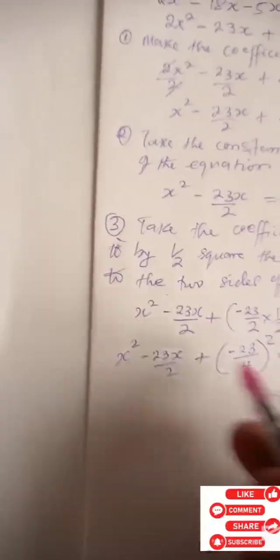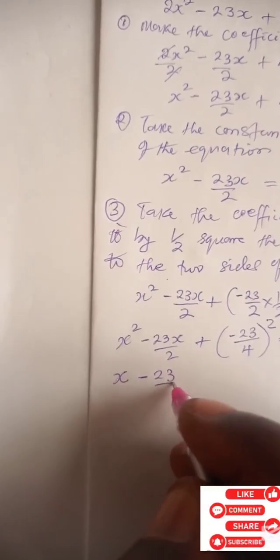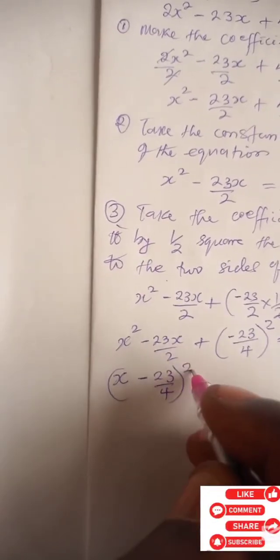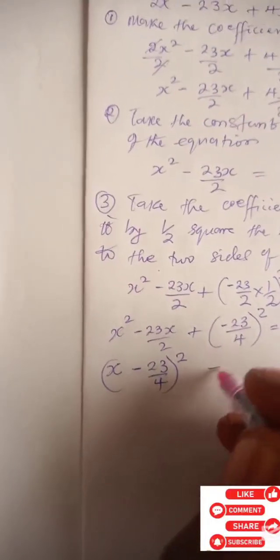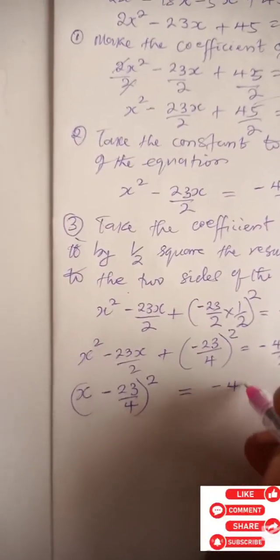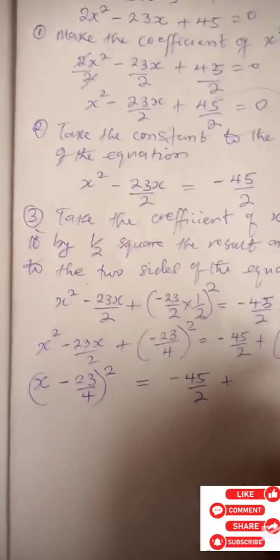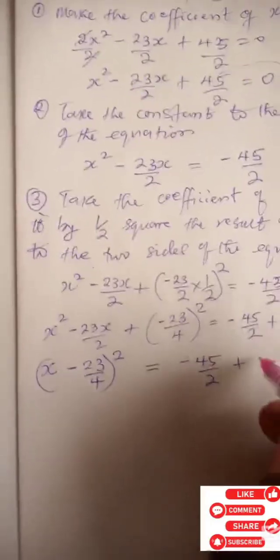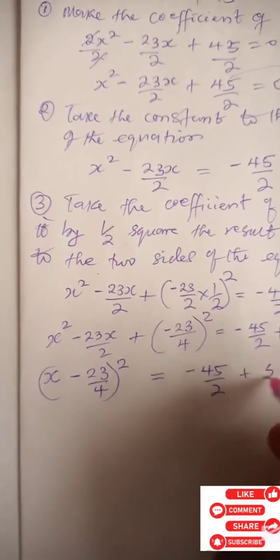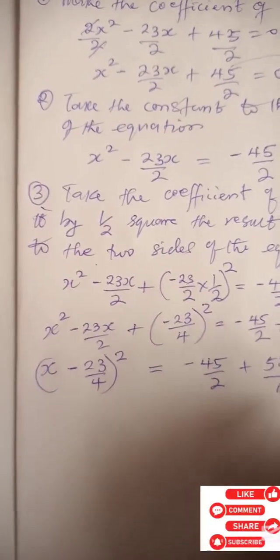Now in completing the square here, we'll be having x minus 23 over 4 all square. So we have completed the square in this aspect, and it's equals to minus 45 over 2 plus, now expanding this bracket, 23 square is 529. 4 square is going to give us 16.